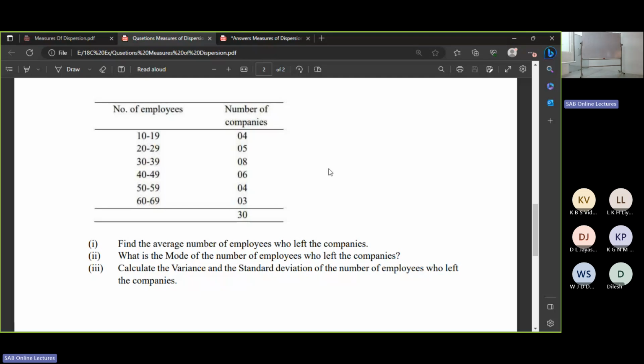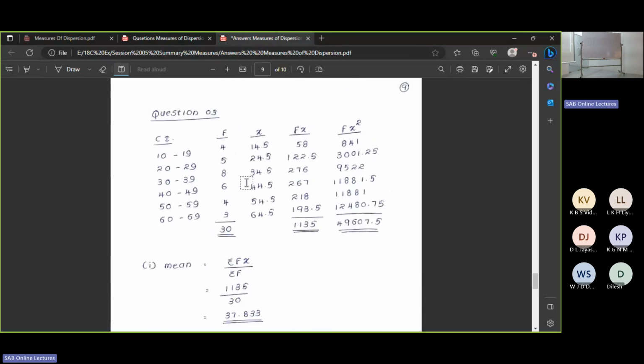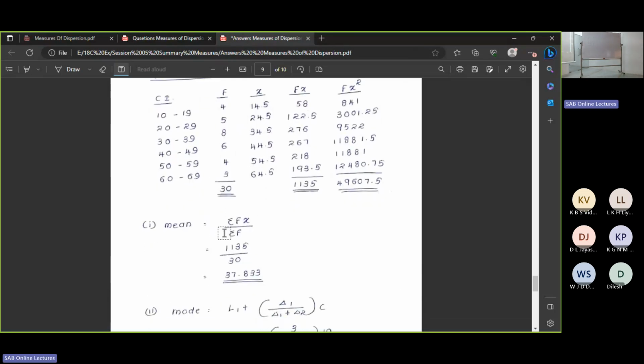It is to calculate the mean value. The mean value is equal to sigma fx divided by sigma f. Why? Normally the numerator represents the sum of all the observation values. Okay, then here there is a class interval.